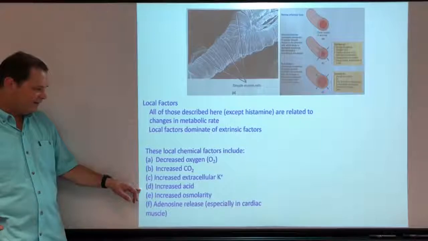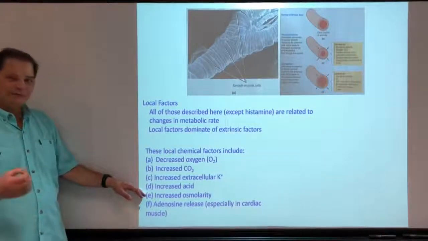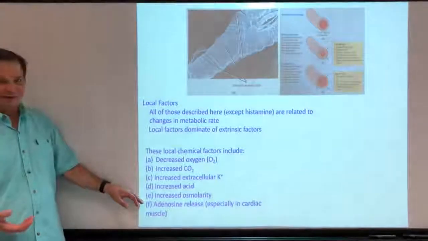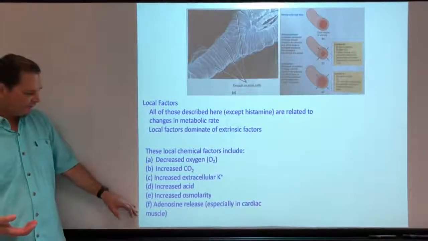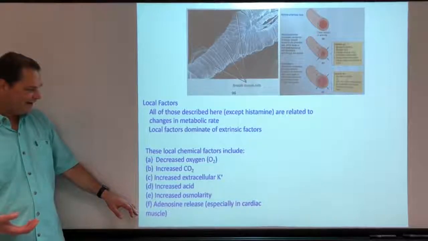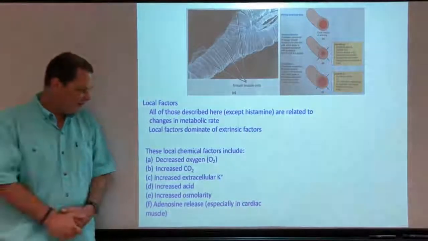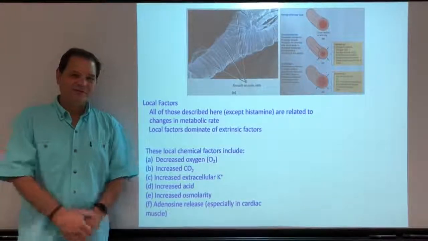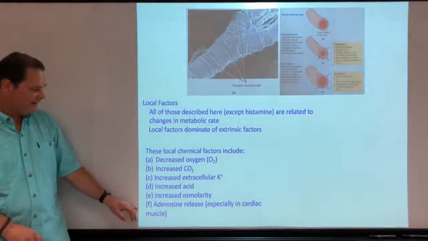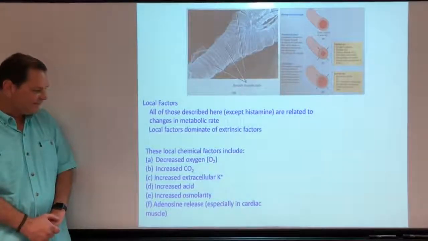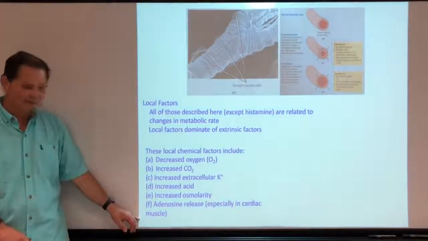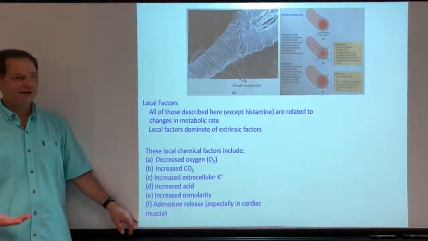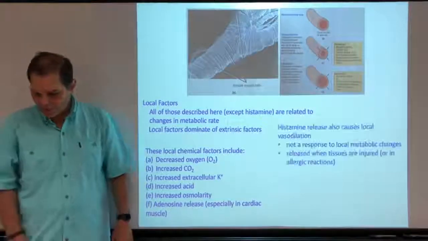Increased acid, meaning a decreased pH, will cause a relaxation of smooth muscle. Increased osmolarity you will frequently find in active skeletal muscle in particular. And increased adenosine, which is a metabolite of ATP. As phosphate is cleaved off of ATP, you generate adenosine, and that is a vasodilator. All these will increase blood flow in response to an increase in local metabolism. Okay, and these are local factors.